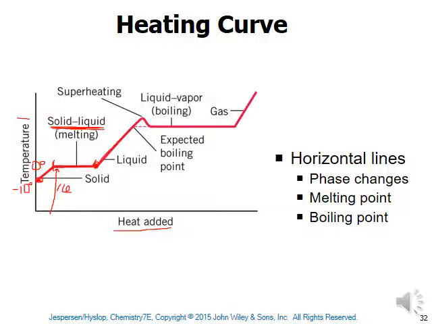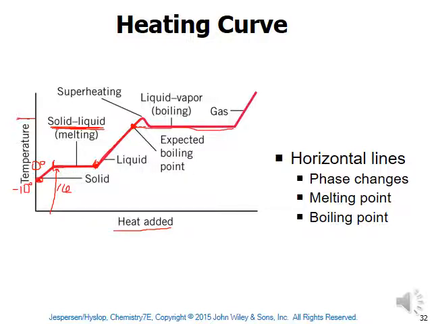Now, you can heat it up so fast that you have water at a temperature higher than the boiling point. That's called superheating. We won't get into that. But when you get to, in this case, 100 degrees Celsius, again, that's a phase change, and at that phase change the liquid turns into a gas.